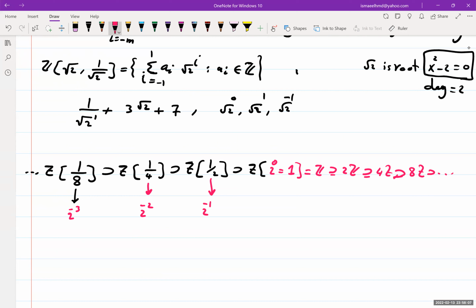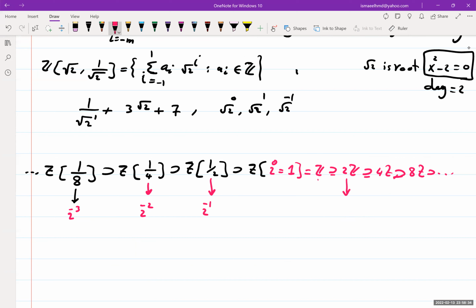So the even integers, like Z of 2 to the power 1, not as Z adjoined with 2, but the multiples of 2.